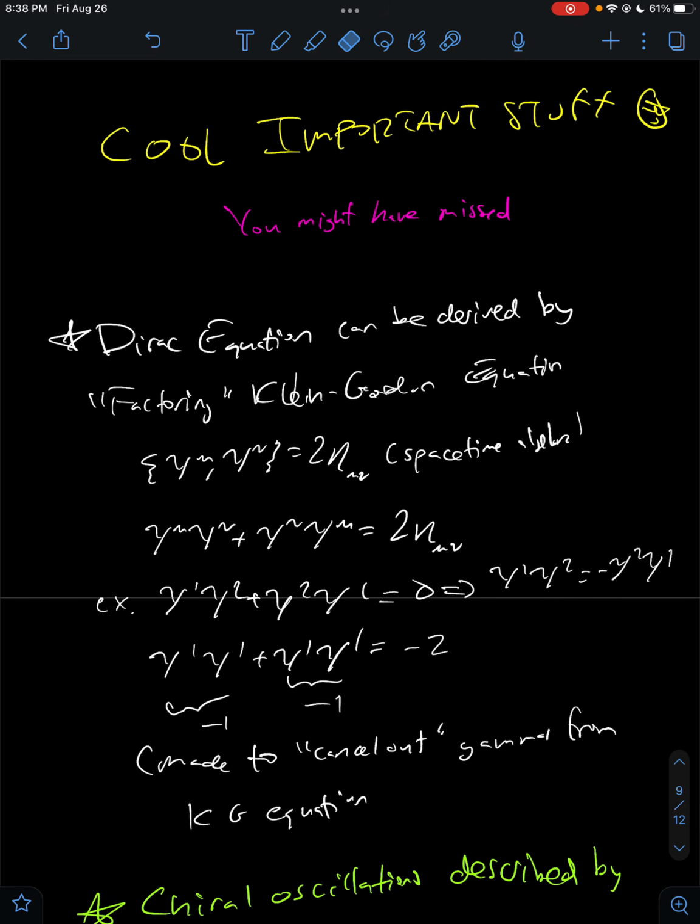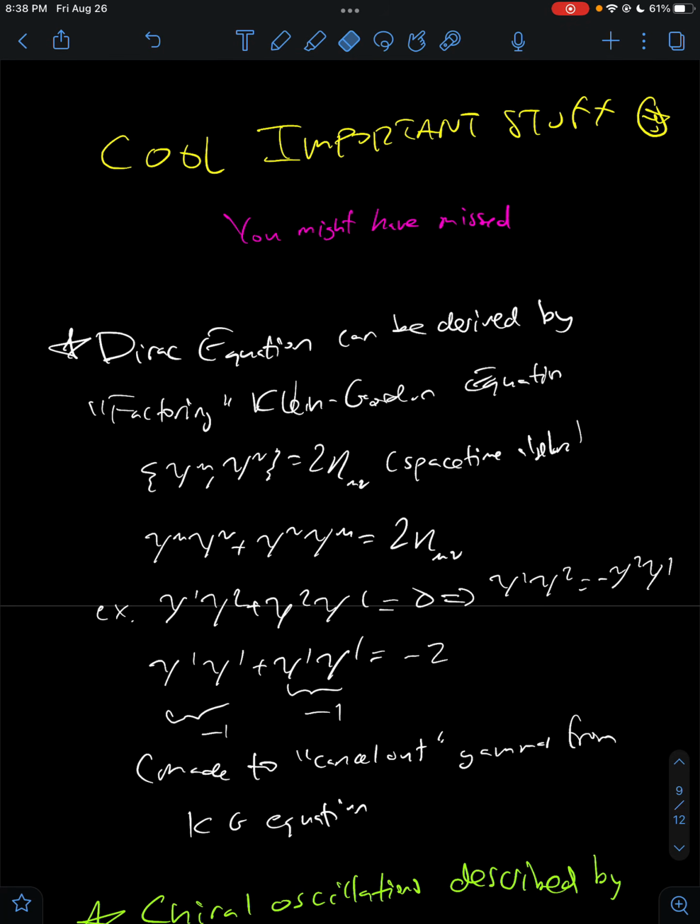The Dirac equation can be derived by factoring the Klein-Gordon equation. We use what's called space-time algebra in the Dirac equation derivation. It's a really cool algebra formed by the anti-commutativity of the gamma matrices.